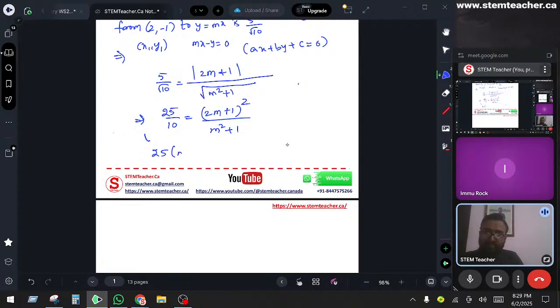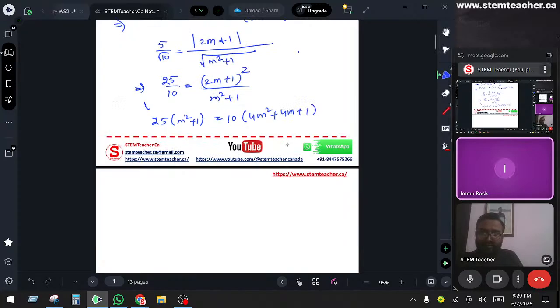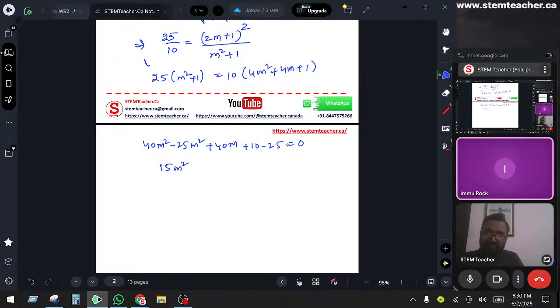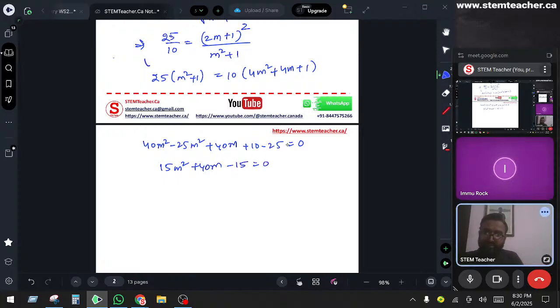Simplify: 25 into (m square plus 1) is equal to 10 into (4m square plus 4m plus 1), and therefore 40m square minus 25m square plus 40m plus 10 minus 25 is equal to 0. It is 15m square plus 40m minus 15 equals 0.